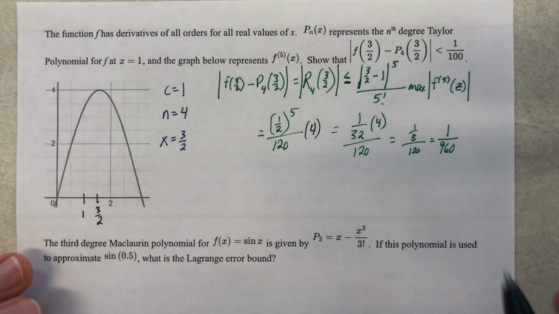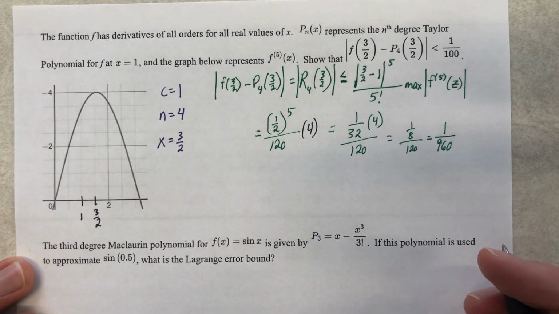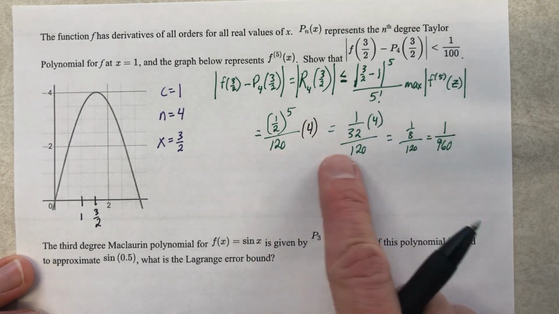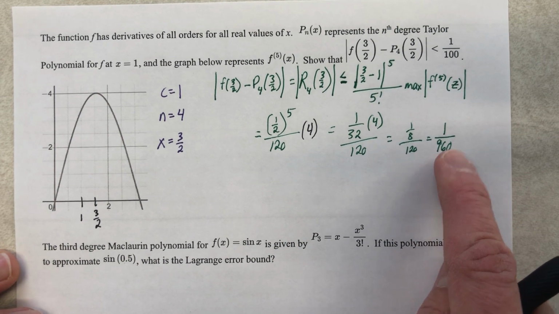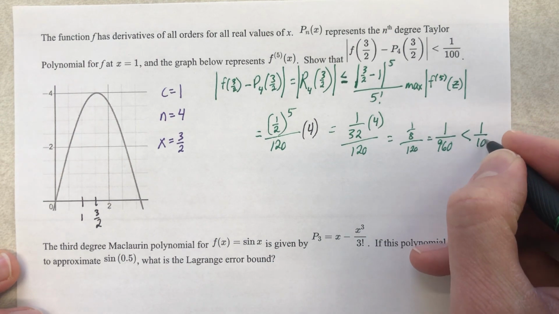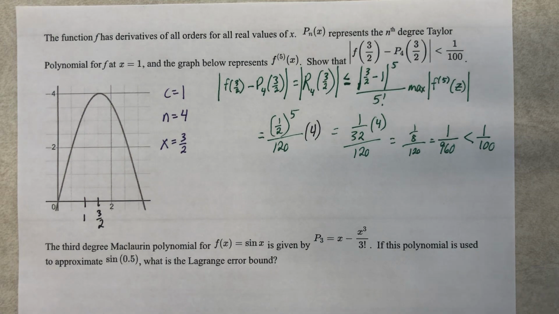Stop. Think. Is this less than 1 over 100? Yes. You just found the Lagrange error bound to be 1 over 960. So our estimate is within this, which is definitely less than 1 over 100. Mission accomplished. It is confirmed.